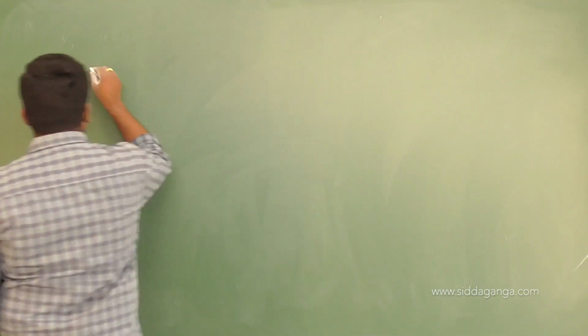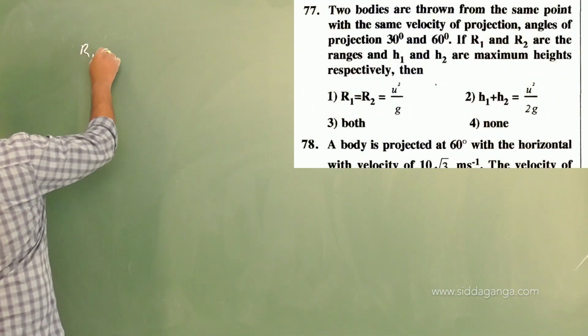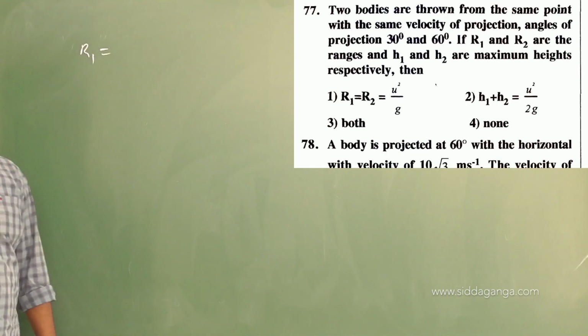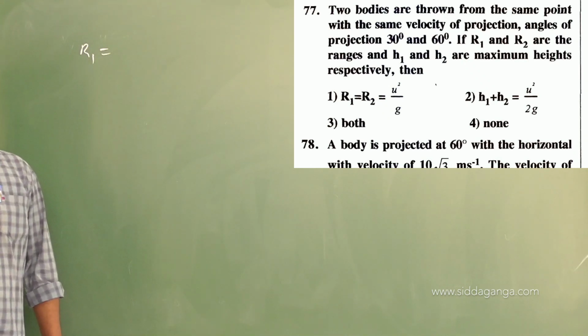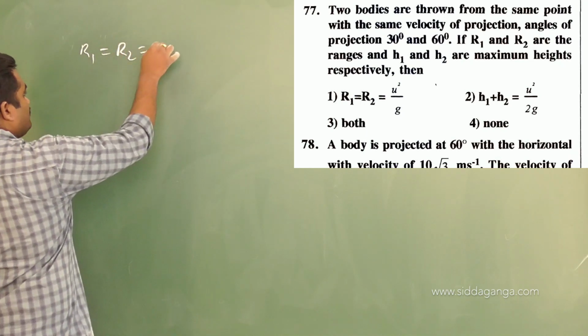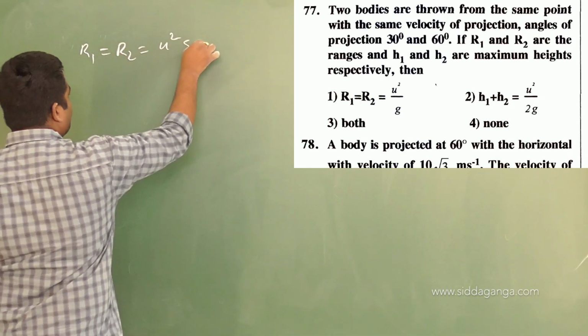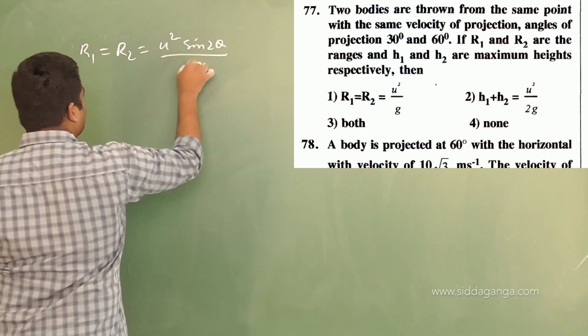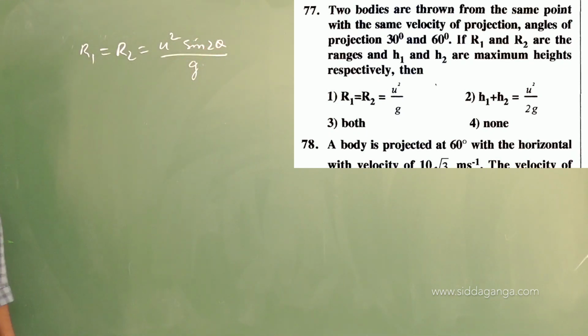See, R1 and R2 are ranges, velocity is same. For complementary angles of projection, no doubt R1 will be equal to R2, which will be equal to U square sin 2 theta by G, you can write for it.